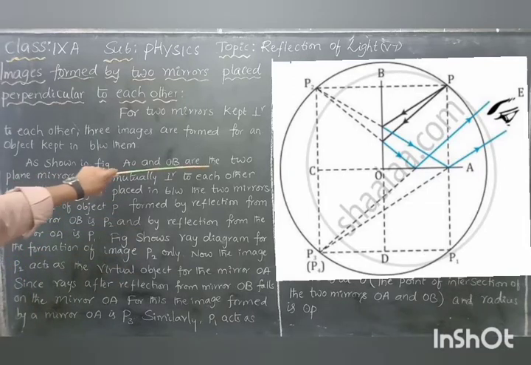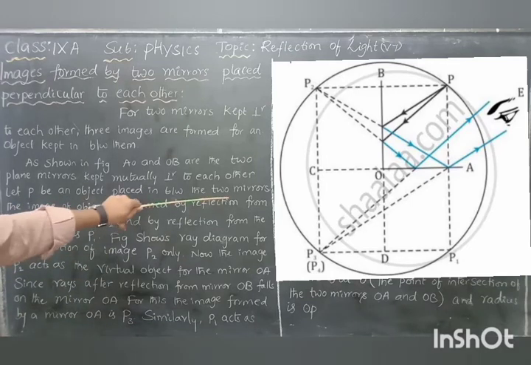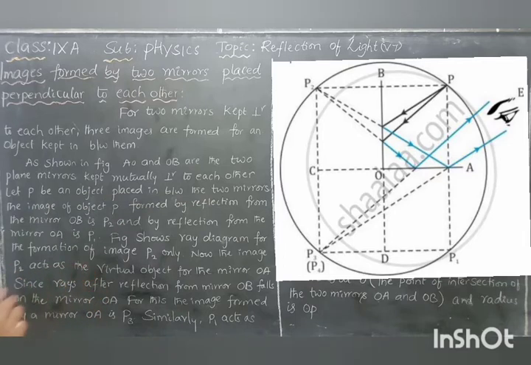AO and OB are the two plane mirrors kept mutually perpendicular to each other. The angle between them is 90 degrees. Let P be an object placed in between the two plane mirrors. The image of object P formed by reflection from the mirror OB is P2, and by reflection from the mirror OA is P1.